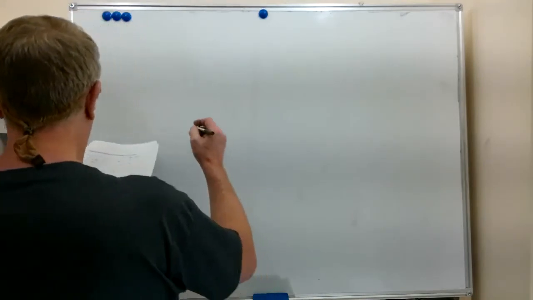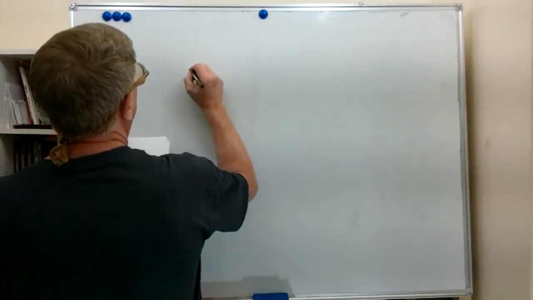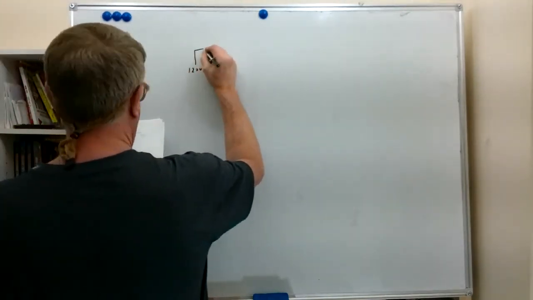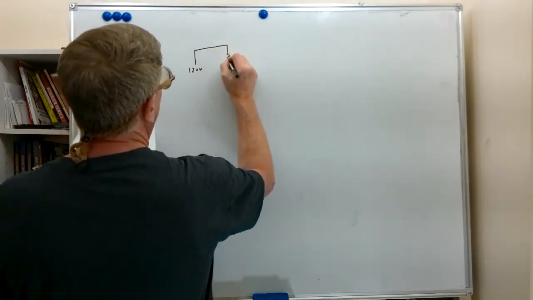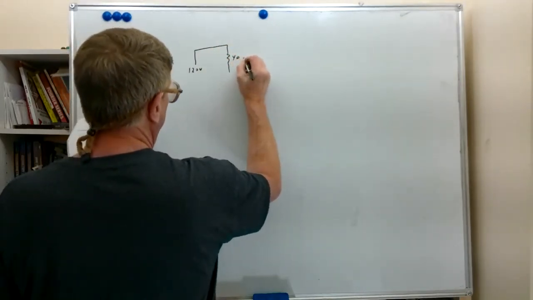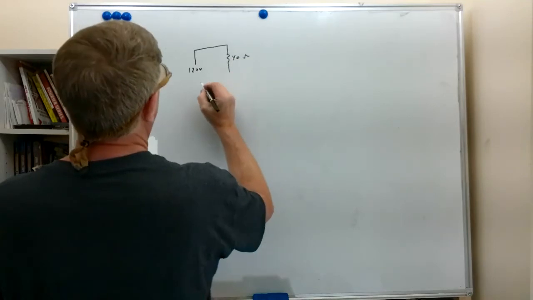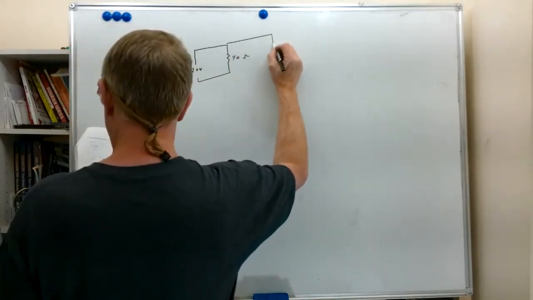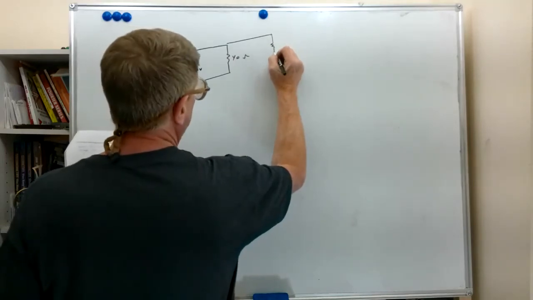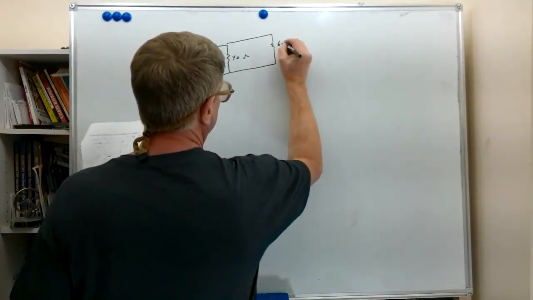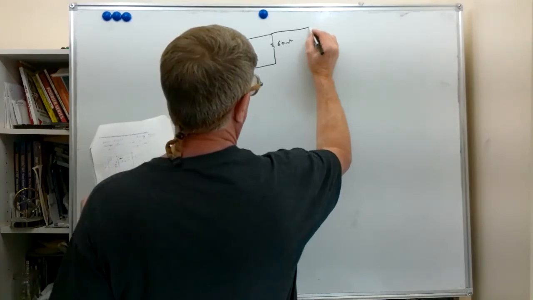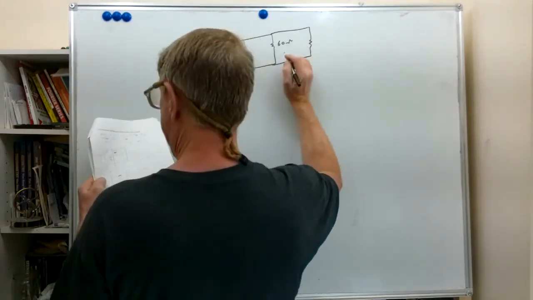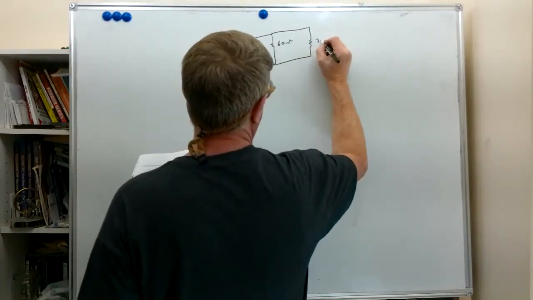We'll say we have this circuit here, 120 volts source, and we got a 40 ohm resistor, and we have a 60 ohm resistor, and we have another 30 ohm resistor.